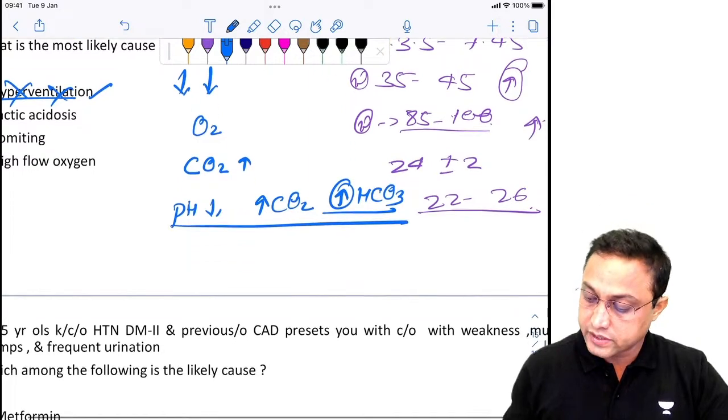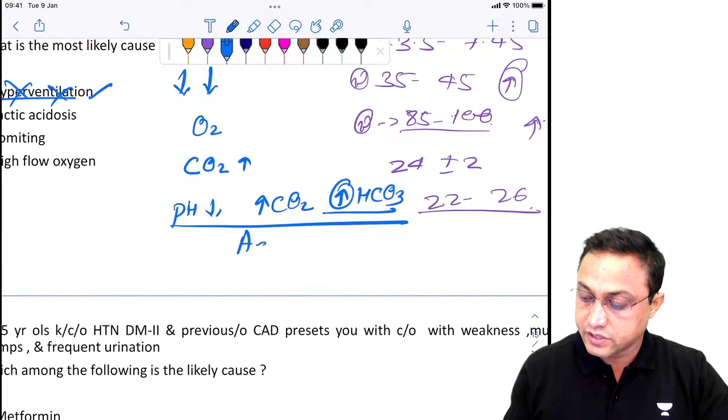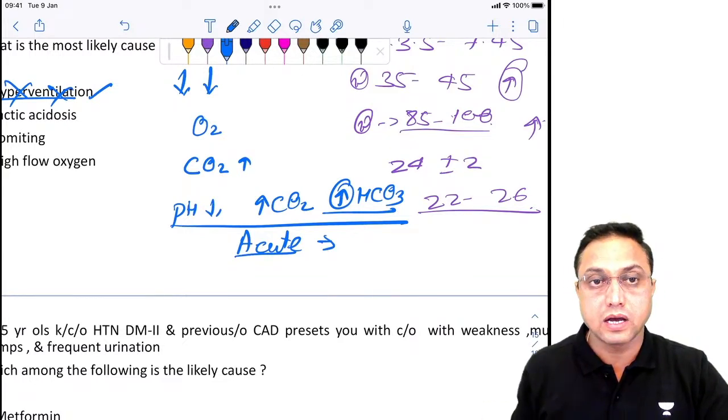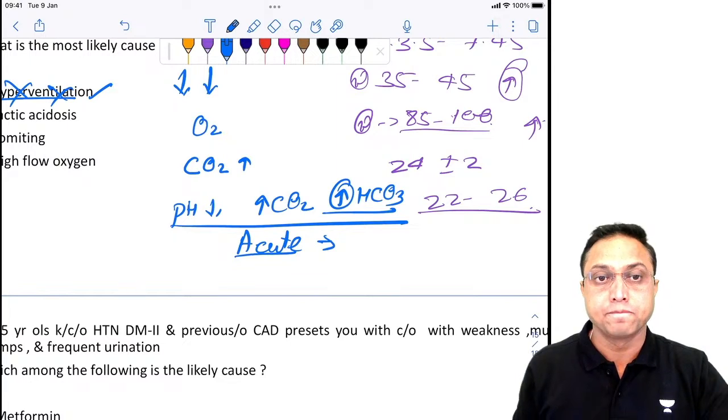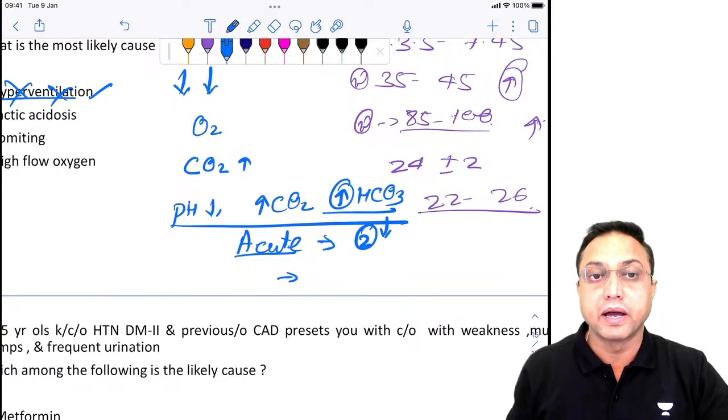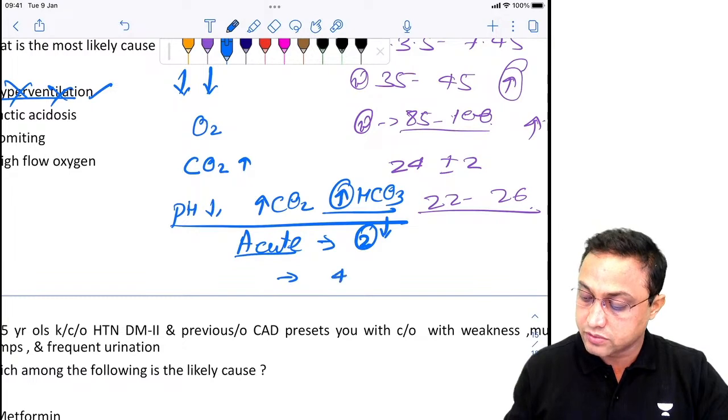In acute respiratory acidosis, what happens, my dear friend? That ratio I am talking about: if the carbon dioxide increases by 10, bicarbonate increases by 2, and in chronic cases, if the carbon dioxide increases by 10, bicarbonate increases by 4.